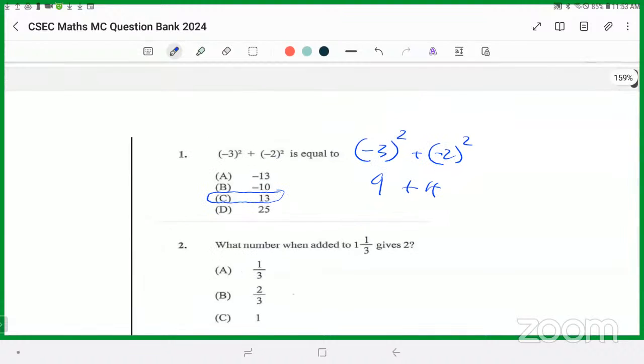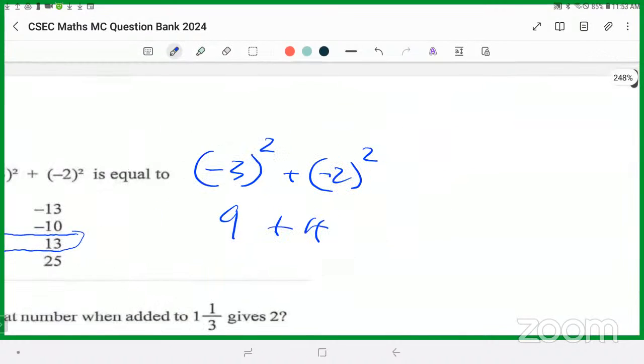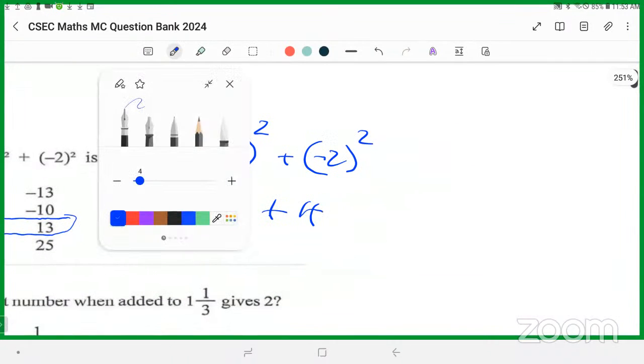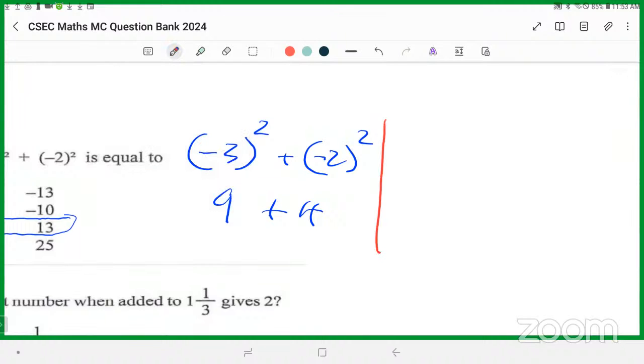But I'm saying to you, they could have given you a situation where you have negative 3 cubed plus negative 2 cubed. Remember, when you calculate the cube of a number, I could put the cube on just one of them.